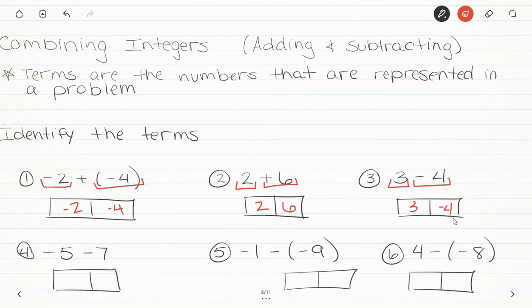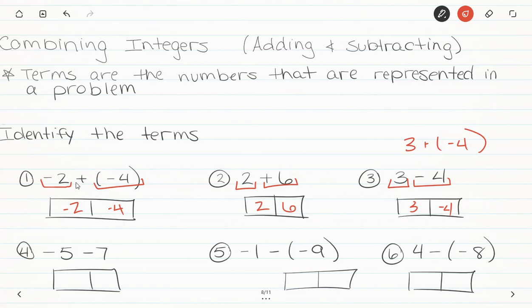So when you see a subtraction sign in front of a number, that's actually telling you that the number itself is negative. So I could have rewritten this problem as 3 plus -4, and it would have meant the same thing as this first one because the negative or the subtraction sign is actually with the 4. So we're kind of throwing you for a little bit of a loop today.